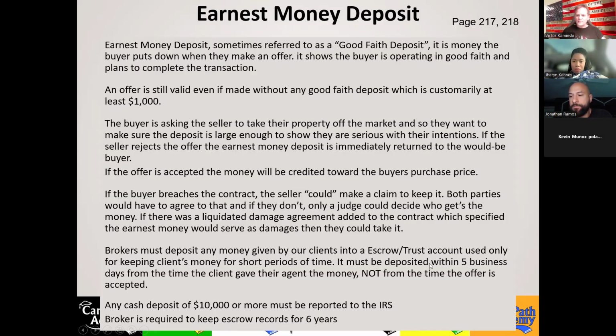It must be deposited within 5 business days from the time the client gave their agent the money, not from the time the offer is accepted. And any cash deposit of $10,000 or more has to be reported to the IRS. And the broker is required to keep escrow records for how long? 6 years. 6 years.